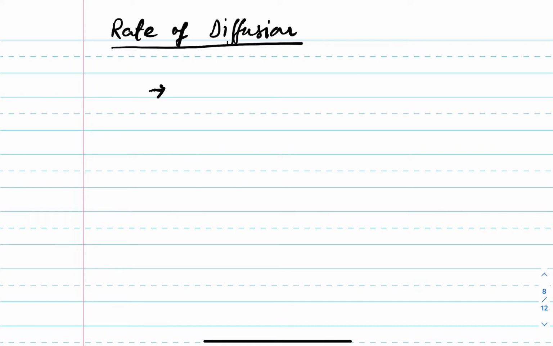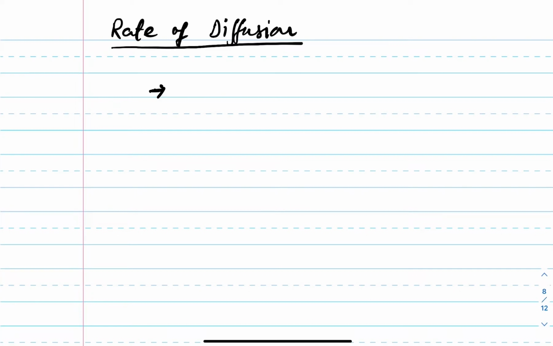That is why the cells have a very small size, so that the diffusion can take place in them. If the size of the cells had been larger, the cells might not have been able to survive due to the slower rate of diffusion. So rate of diffusion actually determines the size of the animal or plant cells or other cells.